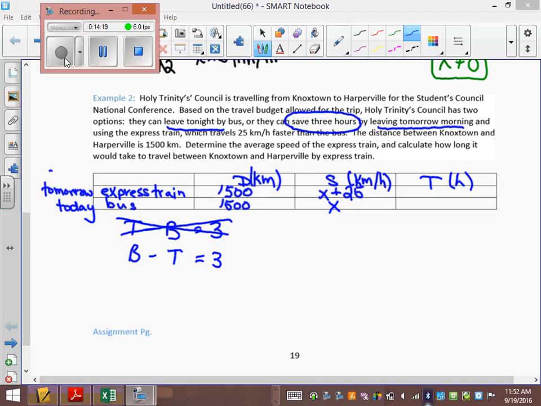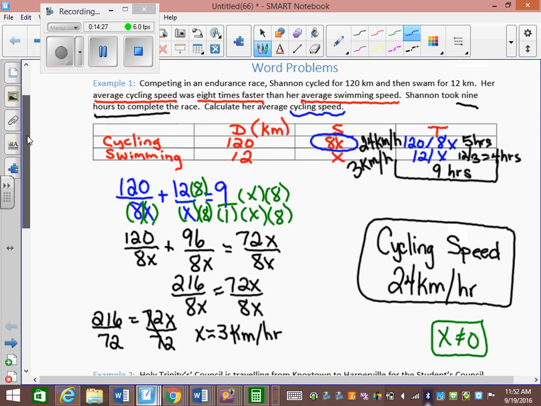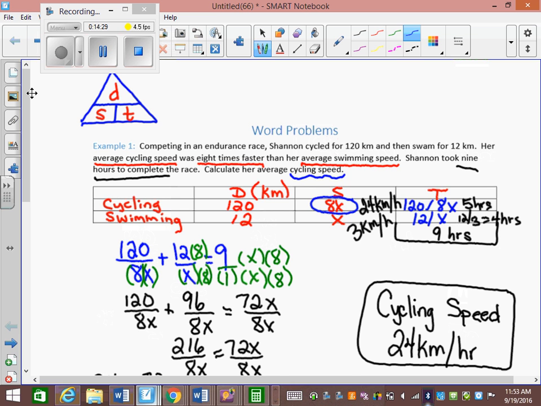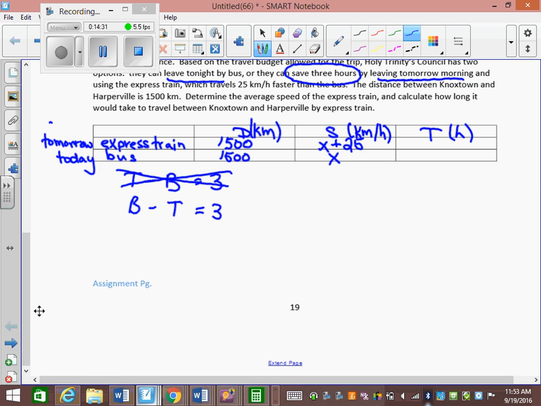So if you take bus, which is longer, and you minus off the shorter one, you're going to get 3 hours. Now we need to get the time. Remember time with the formula, distance divided by speed? We're going to do that. So 1,500 divided by x plus 25 and 1,500 divided by x.